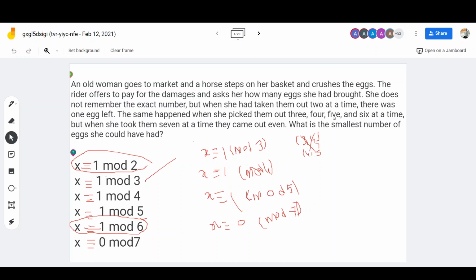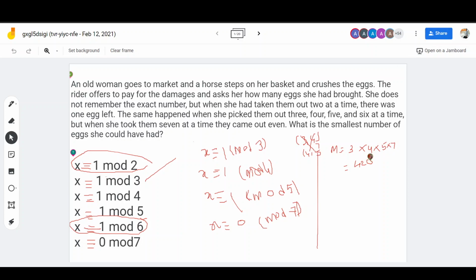So now what is the step you need to perform here? You need to compute capital M. Capital M is equal to 3 multiply 4 multiply 5 and multiply 7, this is equal to 420.